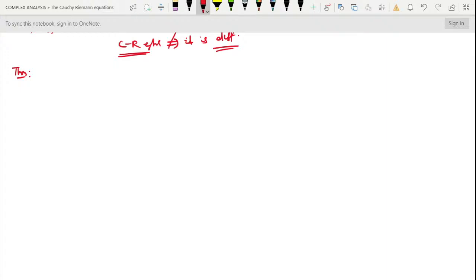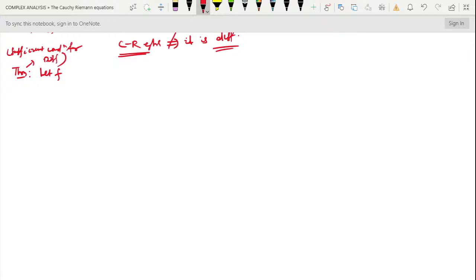Okay, so now comes that theorem, the sufficient condition for differentiability.